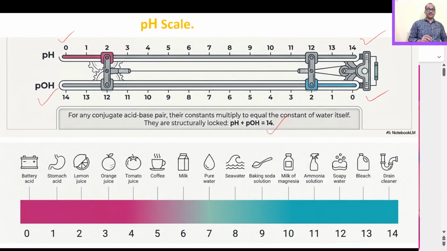So here we can see some examples: battery acid pH 0, stomach acid pH 1, then lemon juice pH 2, orange juice 3, then coffee pH 5, pure water pH 7, sea water pH 8, baking soda pH 9, then ammonia solution 11, then drain cleaner pH 14.